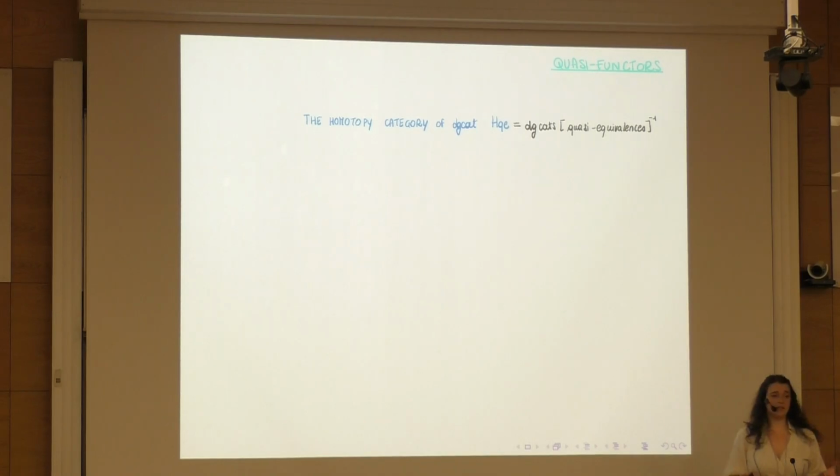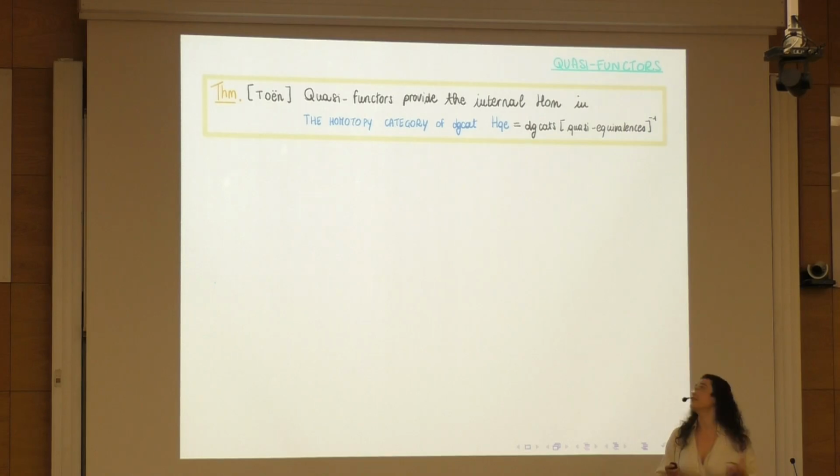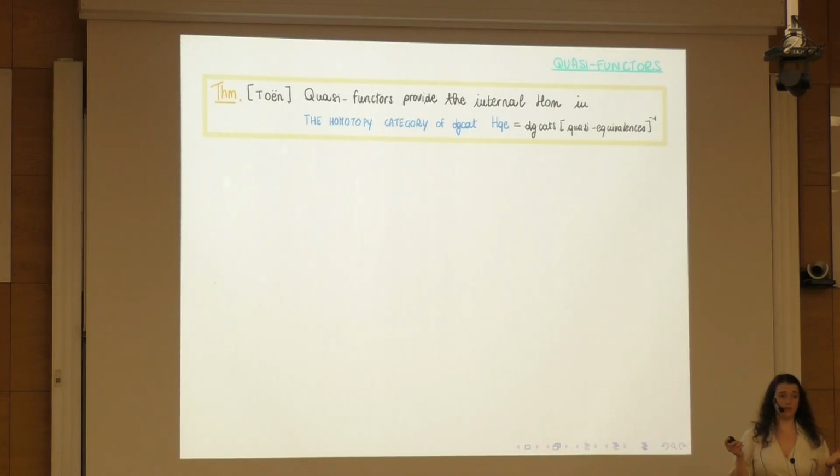What we can consider looking at is the internal hom. So, does the homotopy category have an internal hom? The answer is yes, and it's given by Toën, who proved that quasi-functors provide the internal hom in this homotopy category.